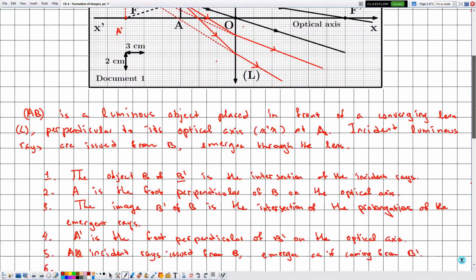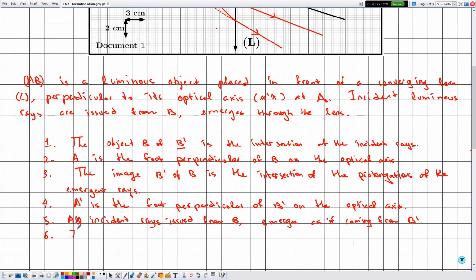So the image A prime, B prime is erect with respect to the object AB.